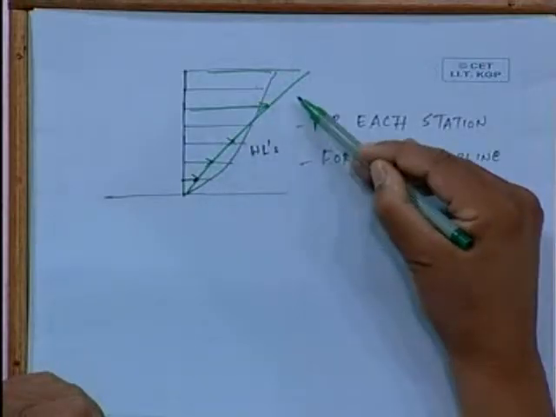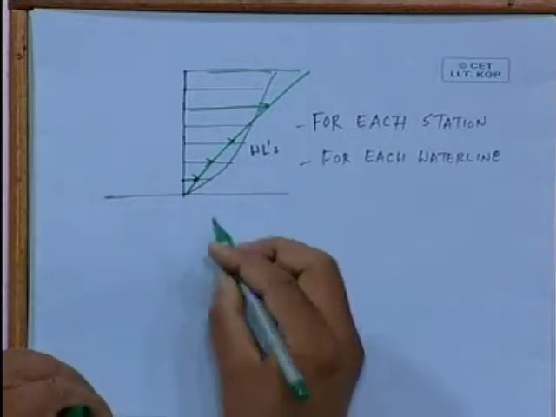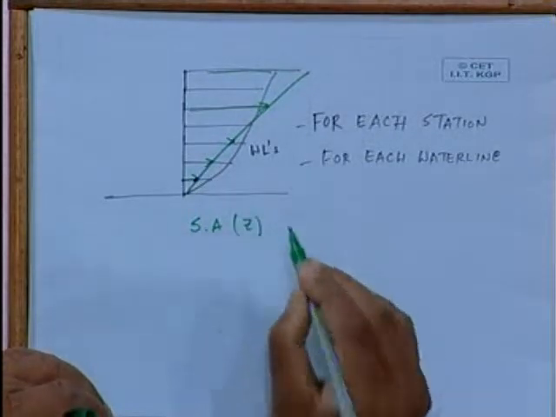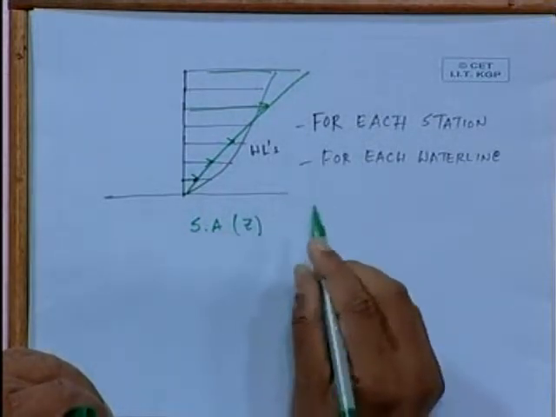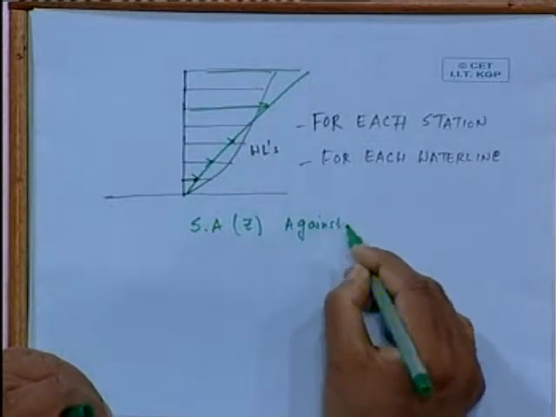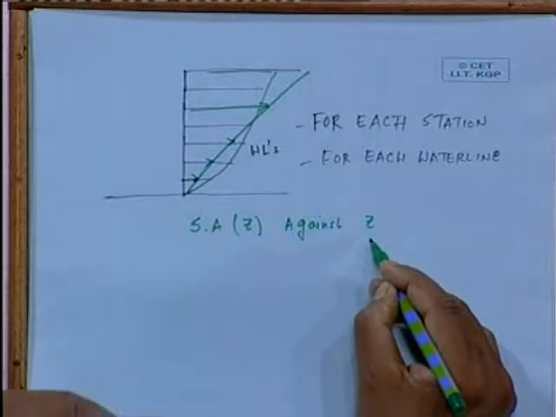the section areas. Then having calculated the section areas, in fact I can write it this way, that section area is a function of z. I have got that against each z taken as 0 meter, 1 meter, 2 meter, 3 meter.